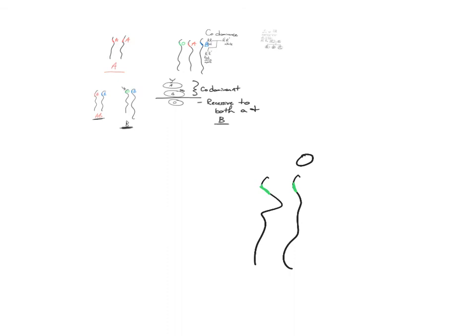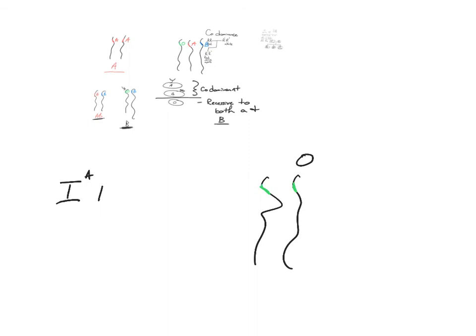Now the notation, the way we talk about notating it, when you're talking about these cell surface proteins, we call them I. The letter that we use to designate them is I. So the A blood type would be I, and if you have the A, it would be IA.